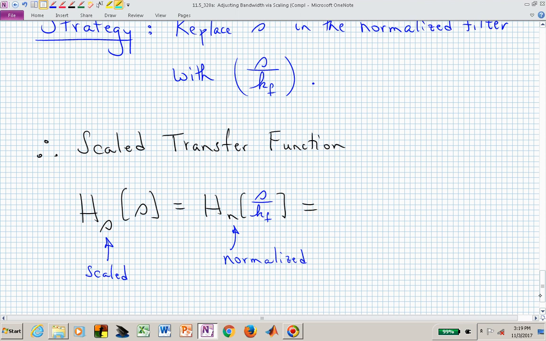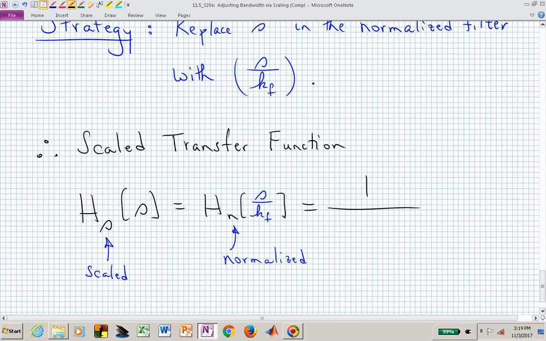In our particular case, the scaled transfer function, capital H sub S of S, where the sub S stands for scaled, is found by simply replacing S with S over K sub F in the normalized transfer function.